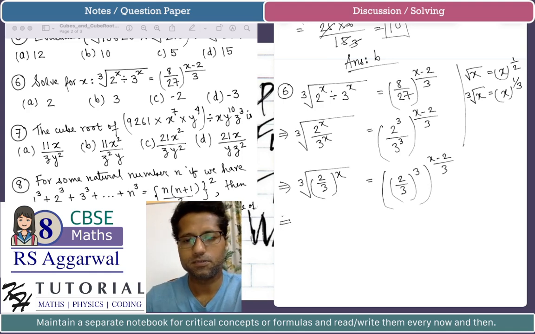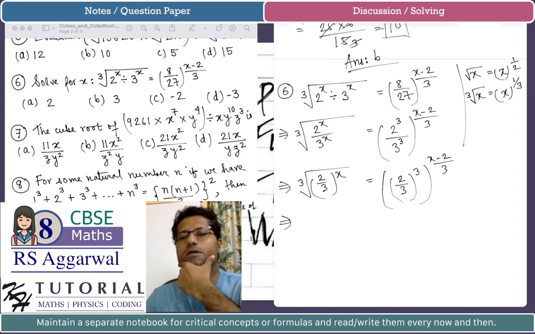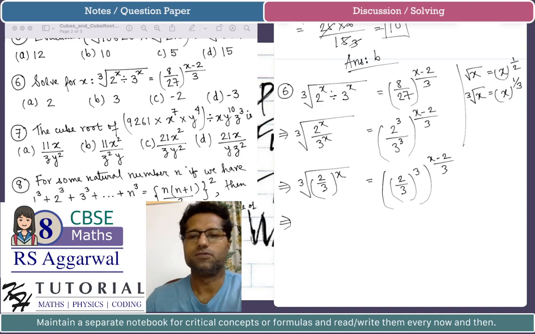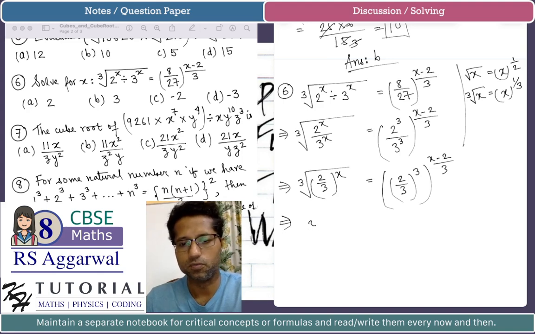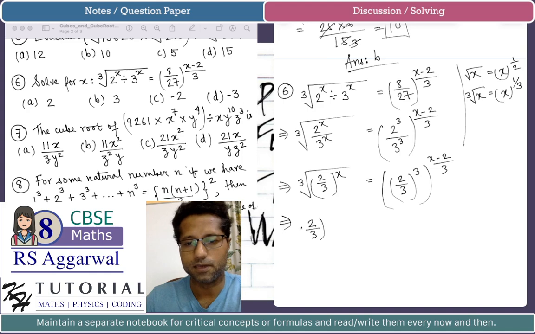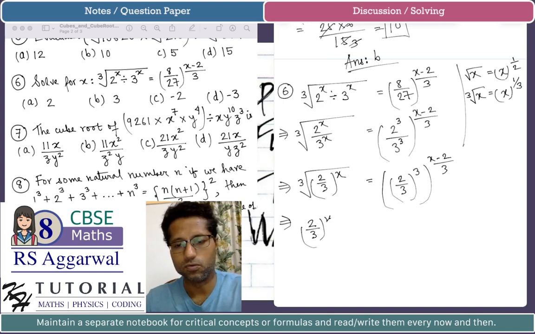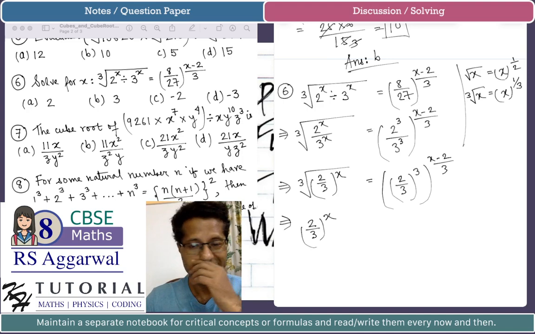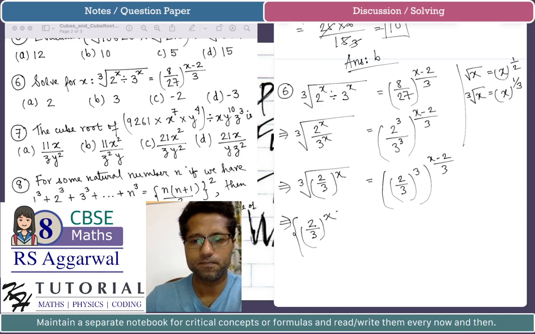Now this implies that we know cube root means power 1 by 3. So the left hand side becomes, the number inside the cube root was (2 by 3) raised to the power x. And now if we want to get rid of the cube root and express it as a power, we will have this whole power 1 by 3.